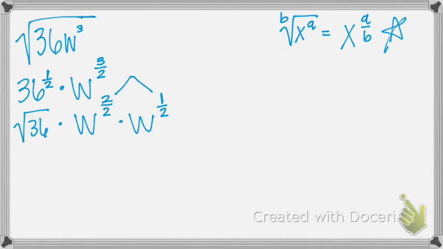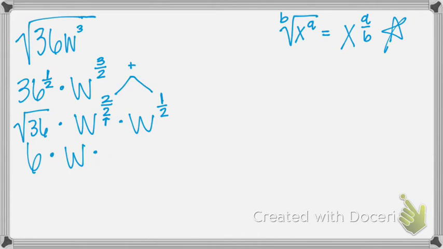Because 2 plus 1 is 3. Now we simplify. What's the square root of 36? 6. What's 2 divided by 2? 1, so we're just left with a w.